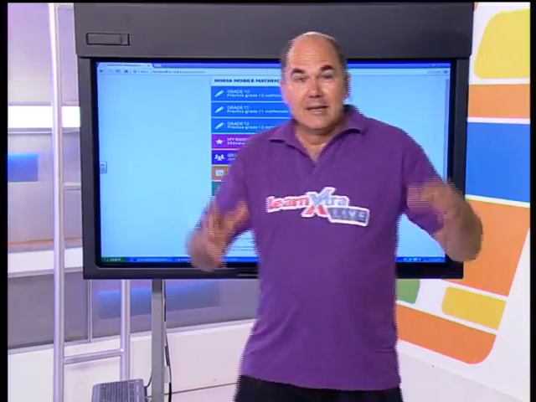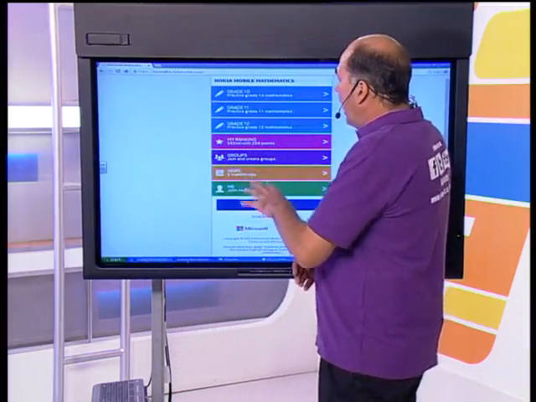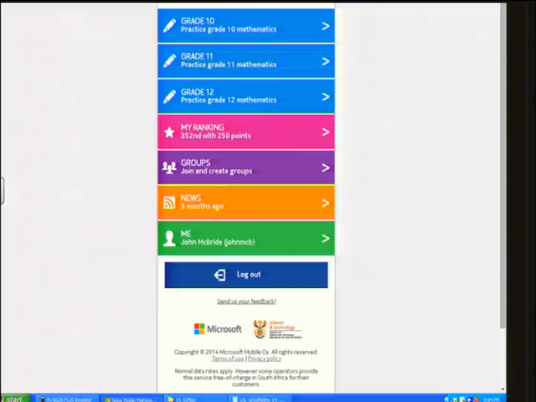Okay, so guys, this is Nokia Mobile Maths. You don't just need to access it on your mobile phone, but you can access it on your mobile phone. Some of the service providers have made it available data free, but you'll have to check that out on the Facebook page. Once you've registered, you'll be able to choose which grade you belong to and which group you want to belong to.